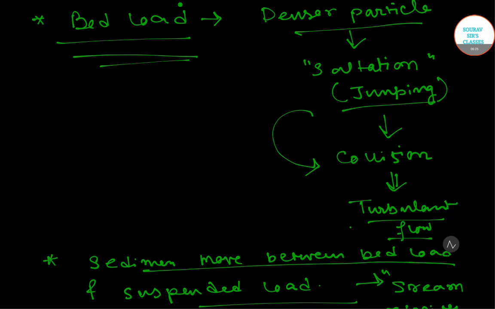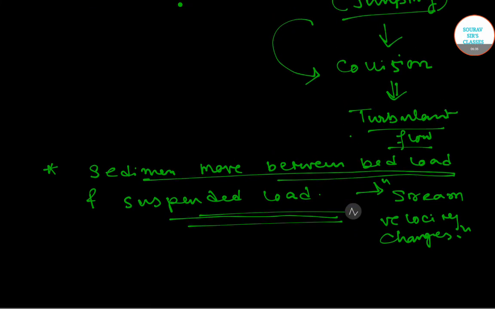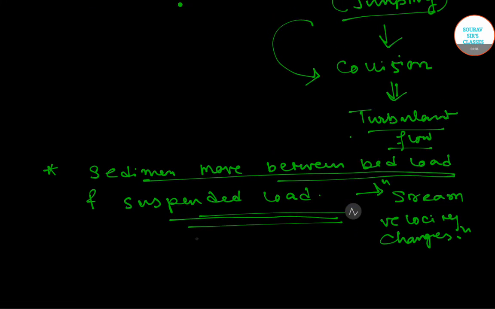And sediment can move between the bed load and the suspended load. I already told you about the suspended load, the particles carried along with the water in the main part of the stream. Okay, so this was all about the bed load.